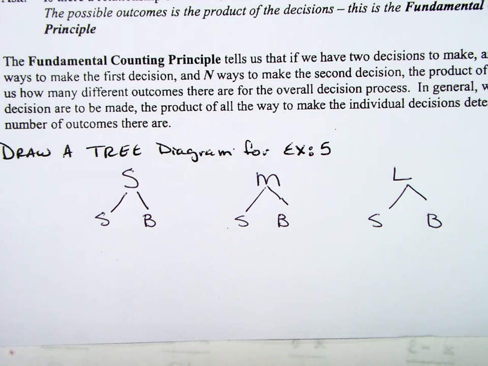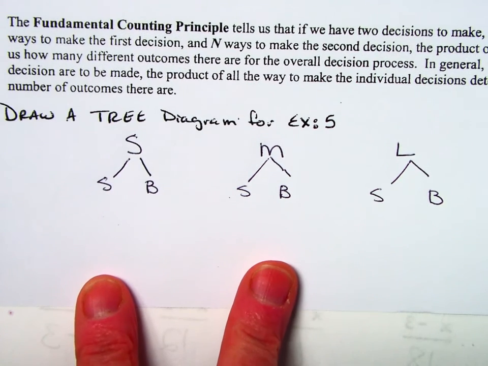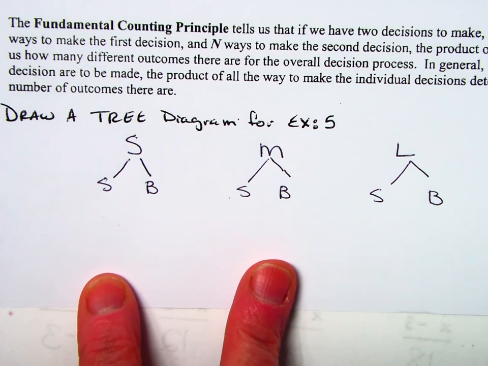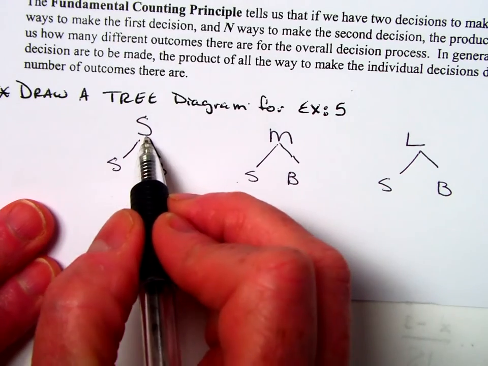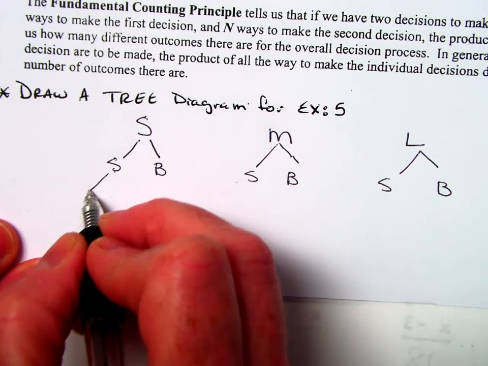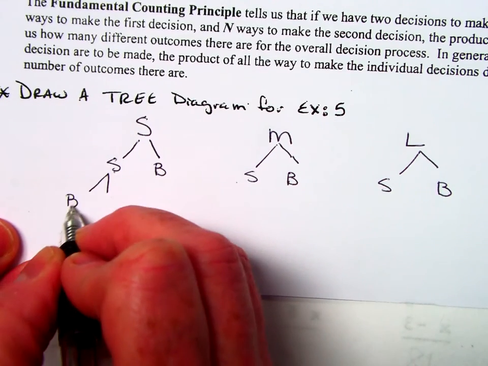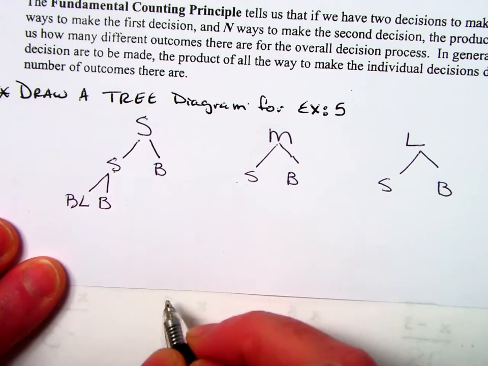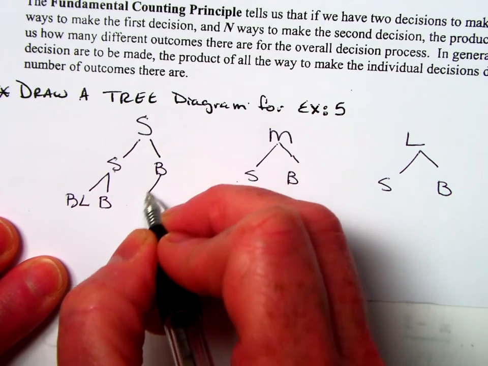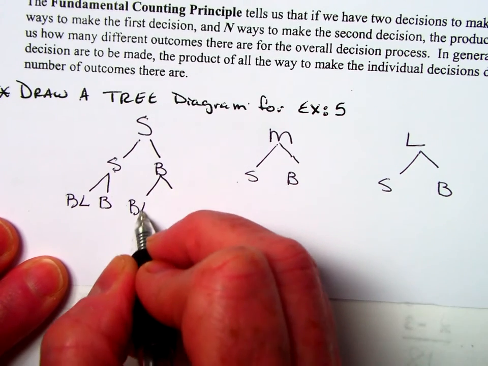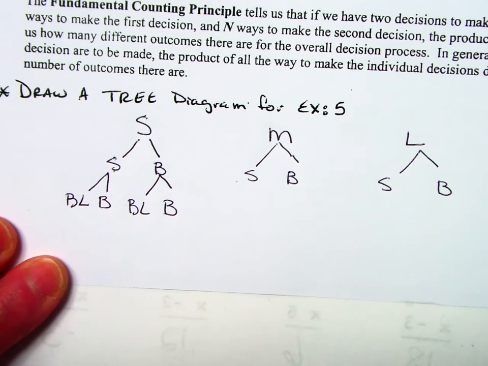Are you with me so far? Okay. Now, once we've gotten that part down, it says we also have colors to choose from: blue and beige. So the small shirt with the snaps comes in blue or beige. The small shirt with the buttons also comes in blue or beige.